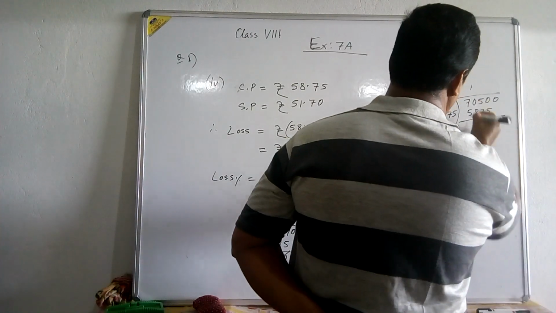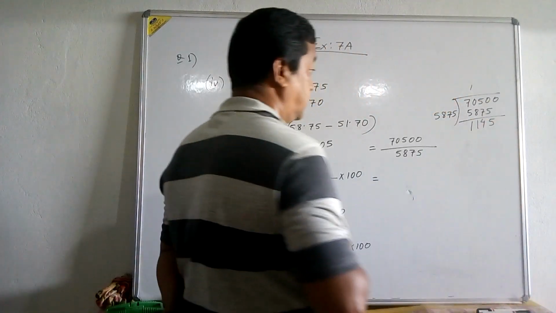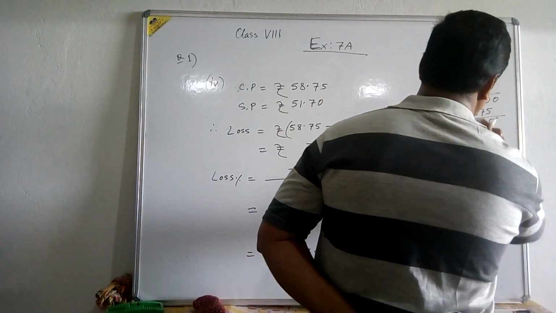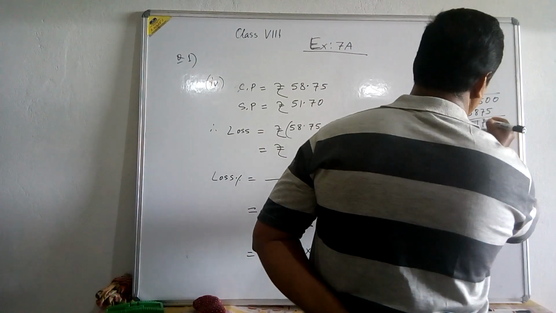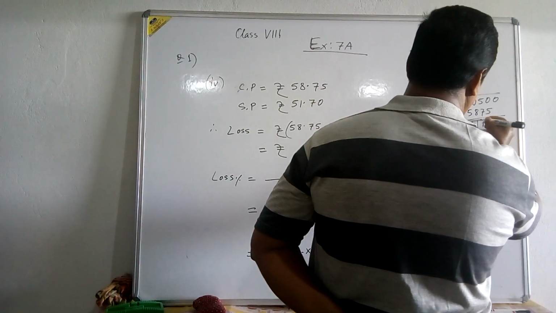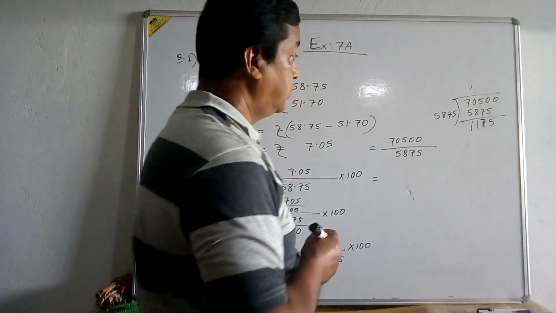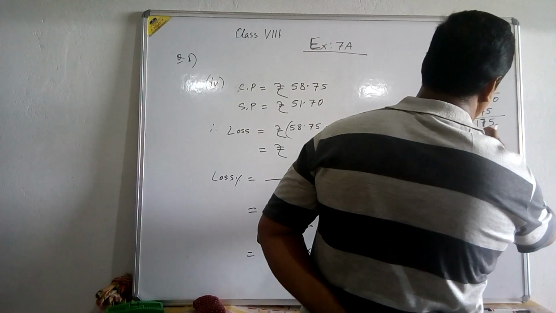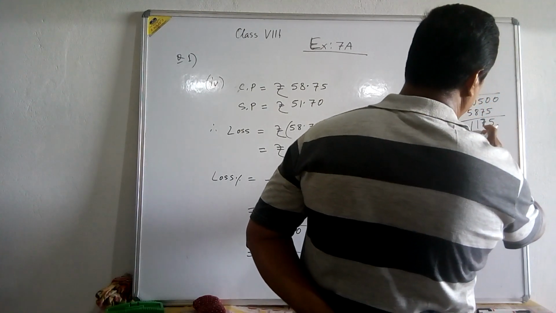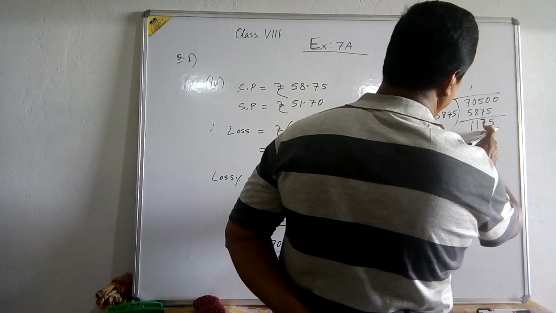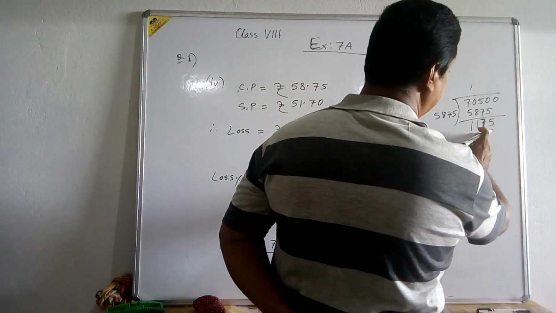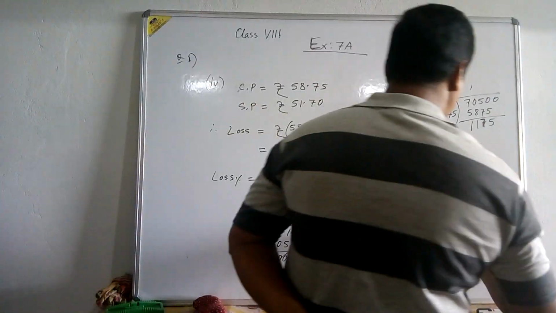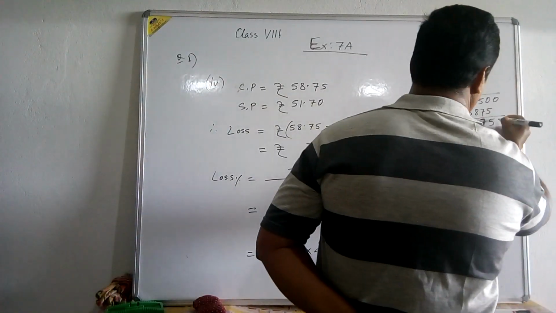Then 5, 7, 5, 0, then 5, 14, 1 carry plus 1, 9 plus 0, 10. Alright, now 0 will be there.